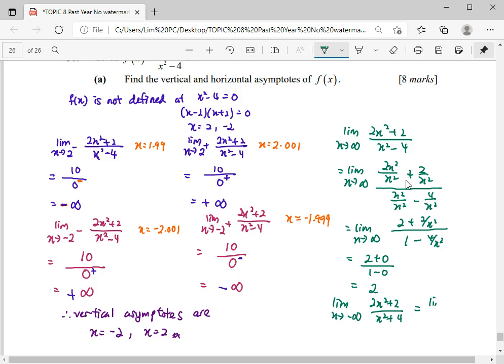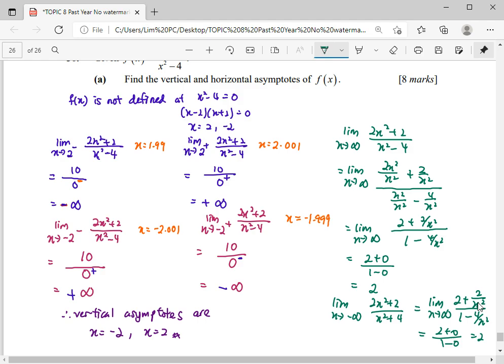It also undergoes the same process, which is to divide by the highest power of the denominator. So I will take this function that is already simplified. Then when we substitute x equals negative infinity here, it will be 2 plus 0 over 1 minus 0. So it is equal to 2.